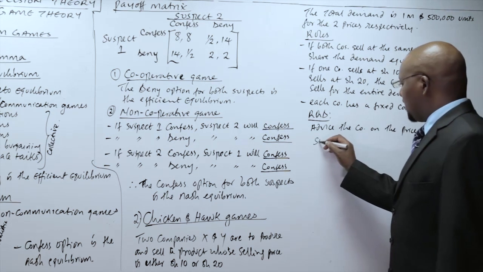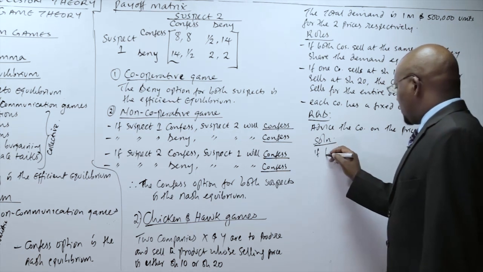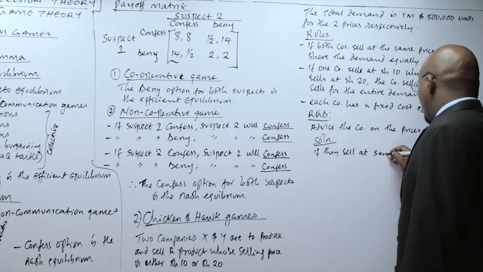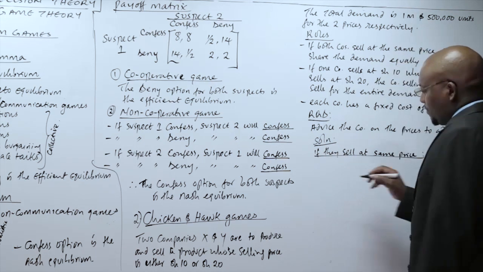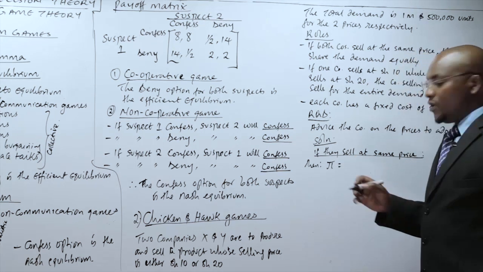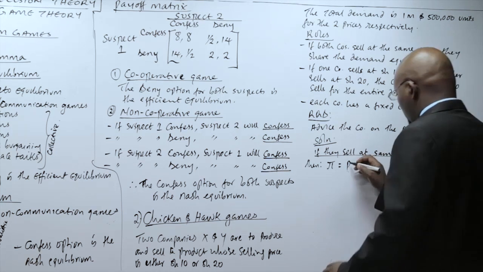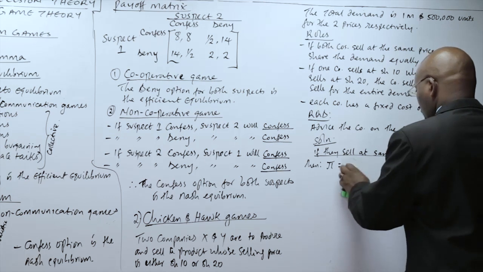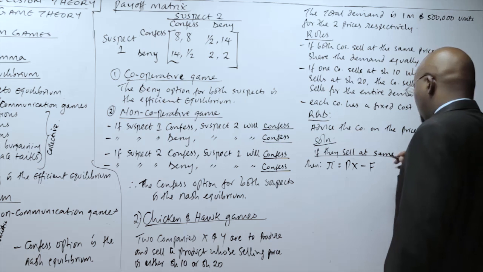Now, the solution here is that if they sell at the same price, then the profit will be price times quantity, so revenue, which is PX, minus cost, so it is fixed cost.